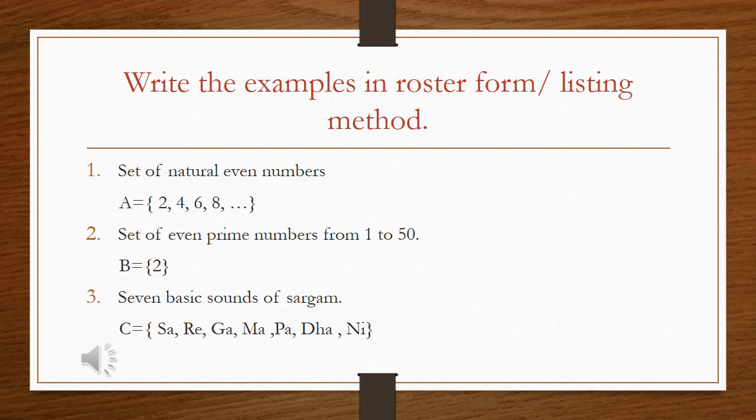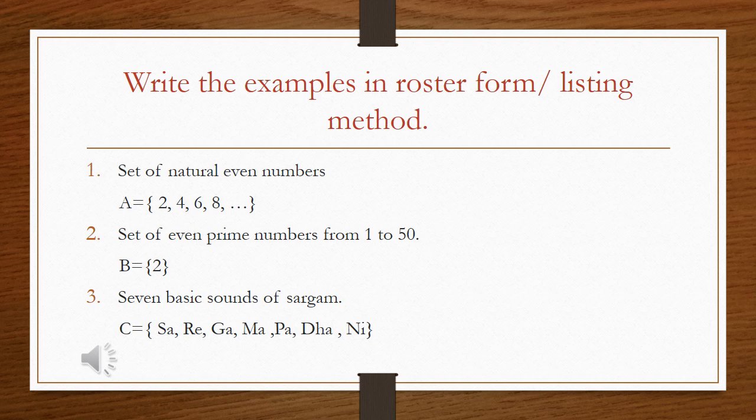Let us discuss some examples in roster form or the listing method. First one, set of natural even numbers. We know that natural numbers start from 1, so the set of even natural numbers is written as 2, 4, 6, 8 and so on. Now the second example, set of even prime numbers from 1 to 50.